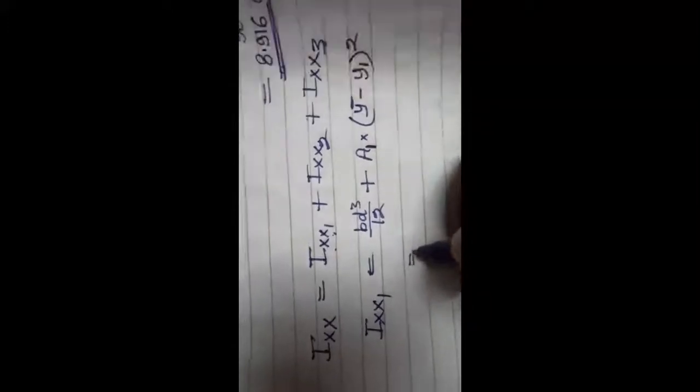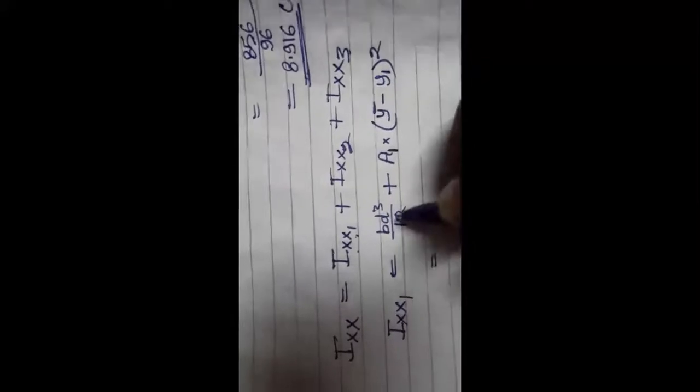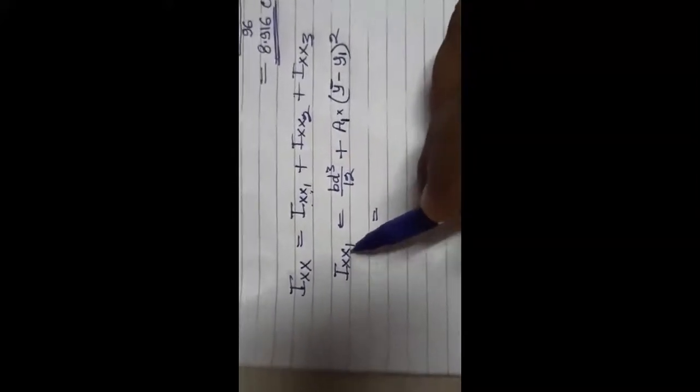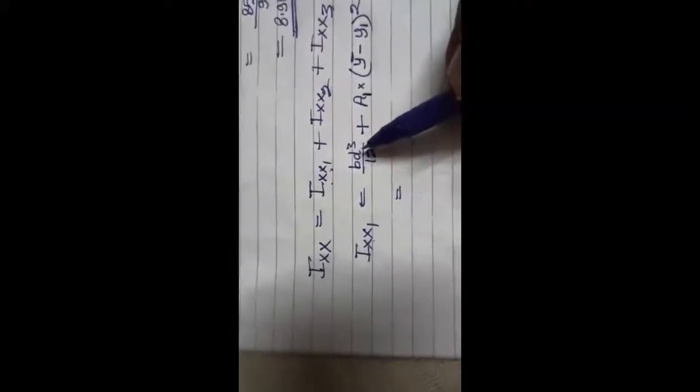So now this will be equal to BD cube upon 12, so cube of the side which is perpendicular to the axis. Cube of the side which is perpendicular to this axis XX. Here this dimension 2 centimeter is perpendicular to this axis.